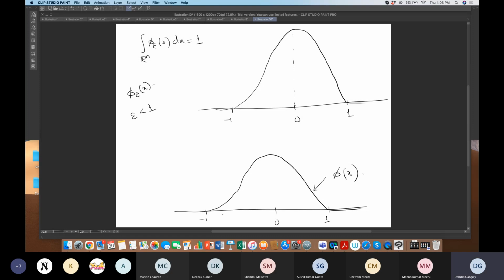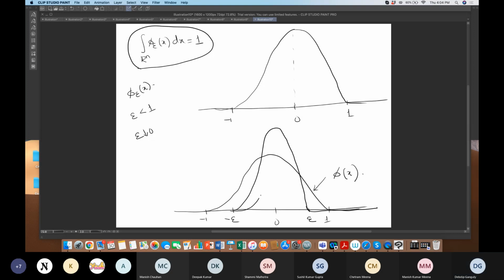You said that phi epsilon has support minus epsilon to epsilon. But what is the integration? In other words, you can see the integral as the area under the graph, and as I said, the integral is the same. So the function will look like this, because the area has to be preserved. If this interval is small, then it has to go up, because the integral is 1. As epsilon goes to 0, the function is like that.